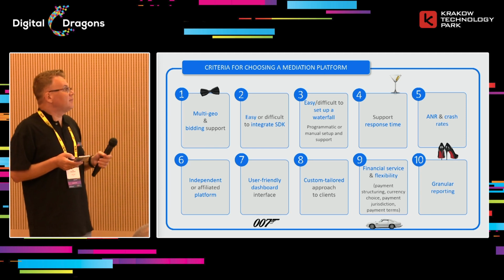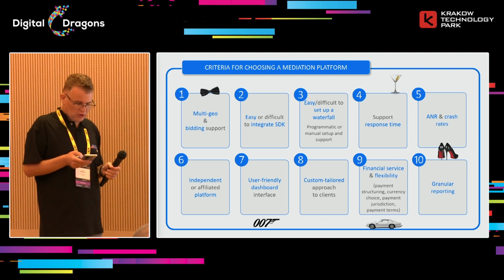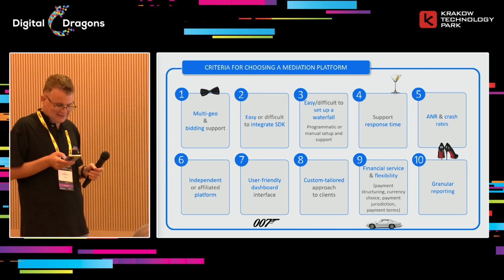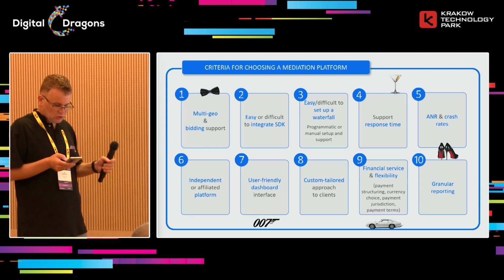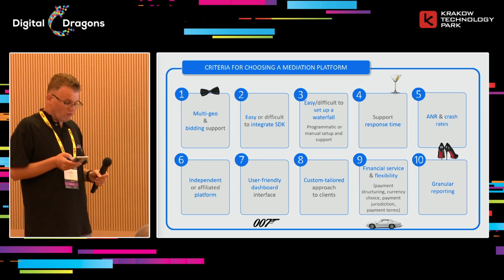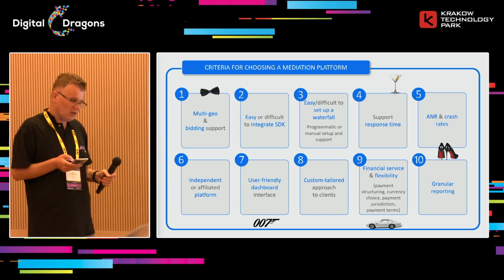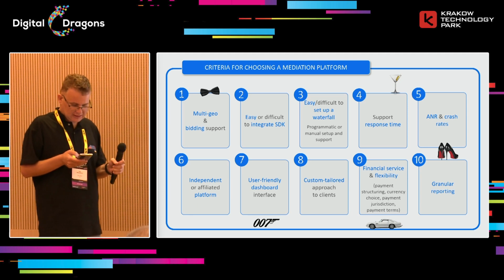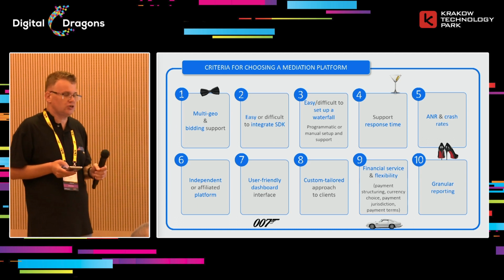First one is multi-SDK and bidding support. Second is how easy it is to integrate the SDK. Third, how difficult is it to set up the waterfall? Do you need to create and manage an account in each ad network? A very important criteria is support response time. One of the most important is vitals, ANR and crash rate.